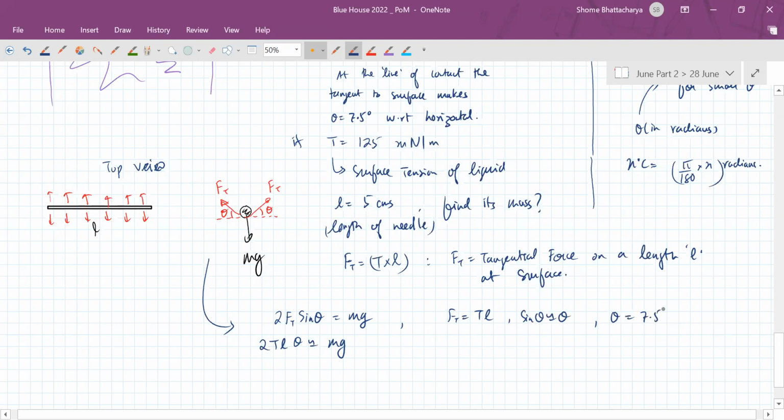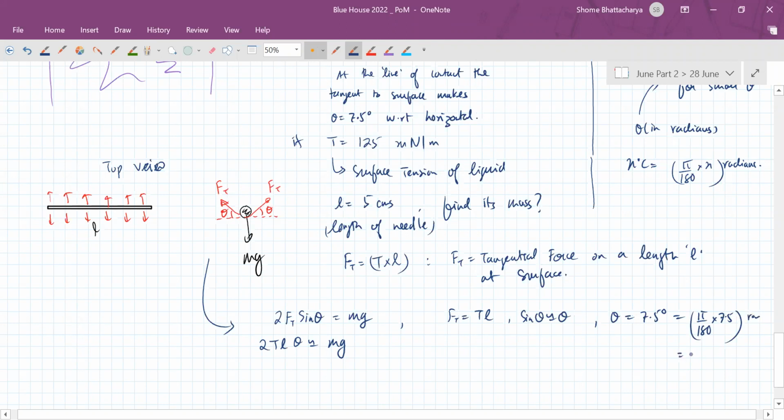It is 7.5 degrees, which will become in radians.